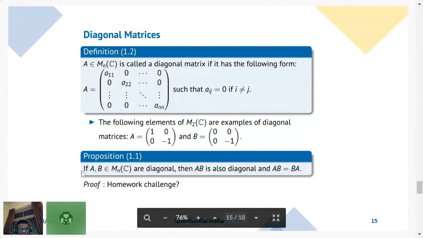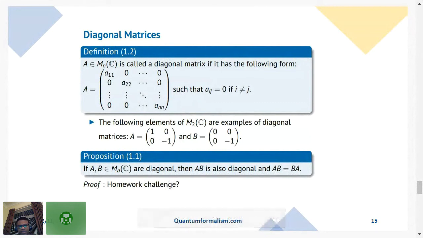This is a home challenge for you. If A and B are diagonal matrices, then the product of the two matrices is also diagonal. And interestingly, they commute. So diagonal matrices commute, okay? I challenge you as homework to try to prove this, obviously using the rules of multiplication.